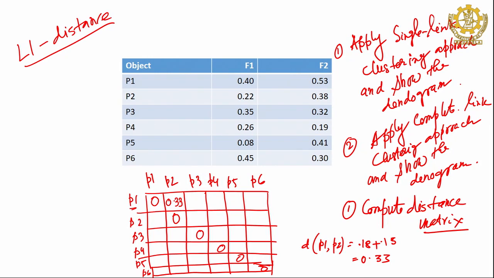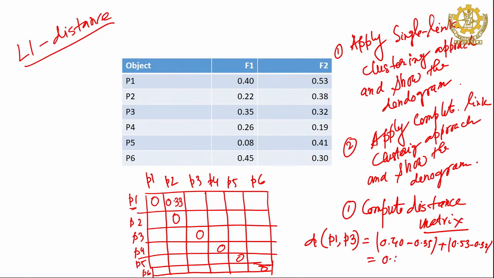Next, the distance from P1 to P3. What is P1 P3? P1 is 0.40 minus 0.35 plus 0.53 minus 0.32.